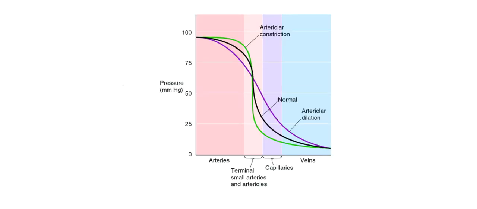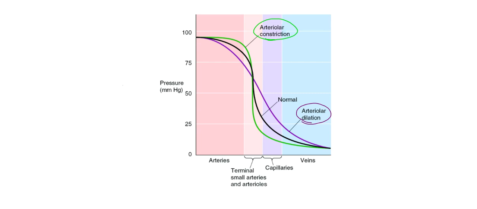All right, this figure is also from the Boron book, and it shows you the difference between what happens if you have a normal tone of the arterioles, or if you happen to dilate or constrict. So what we have here is purple. The purple curve shows what's happening for dilation, and the green shows what happens under constriction.